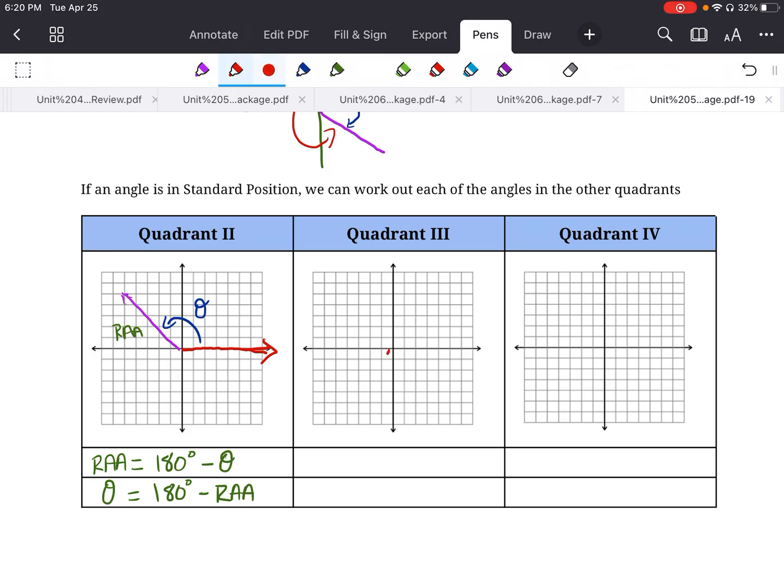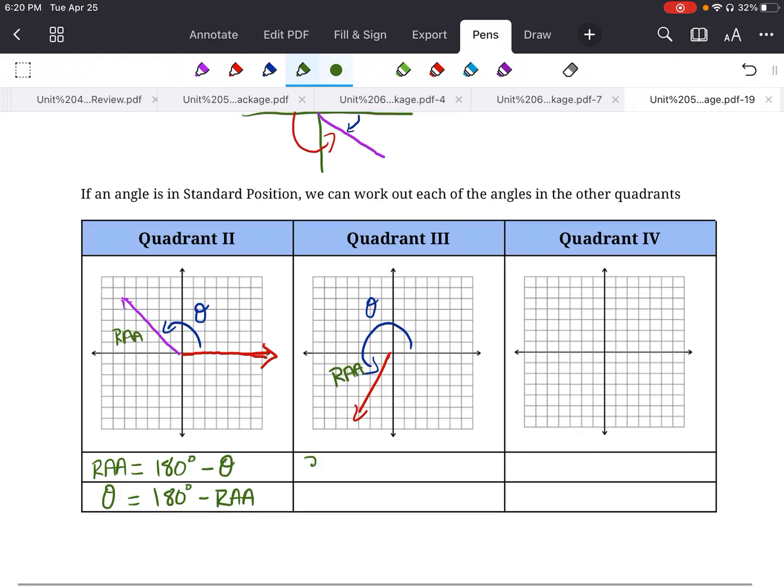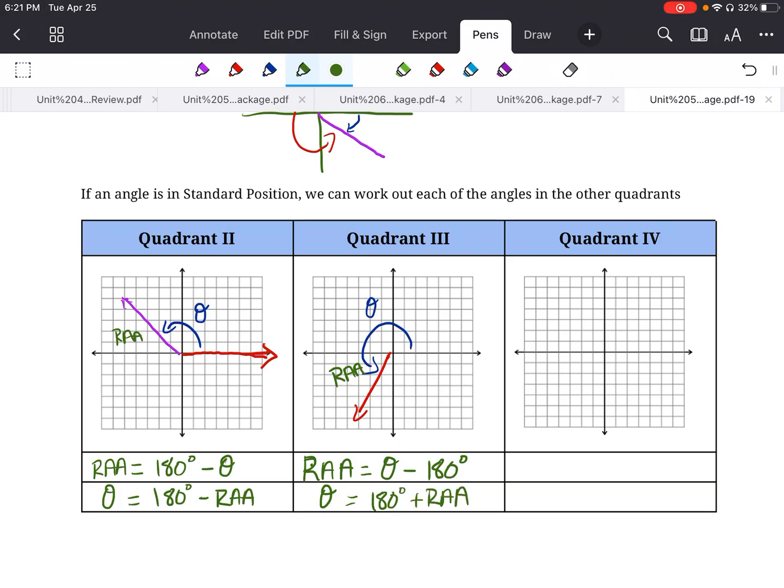Okay, in quadrant 3, here's your principal, and the related is within that because that is the closest distance from the terminal arm to the x-axis. So here, to find the related acute angle, it is your principal angle minus 180, and to find the principal, it will be 180 degrees plus your related acute angle.